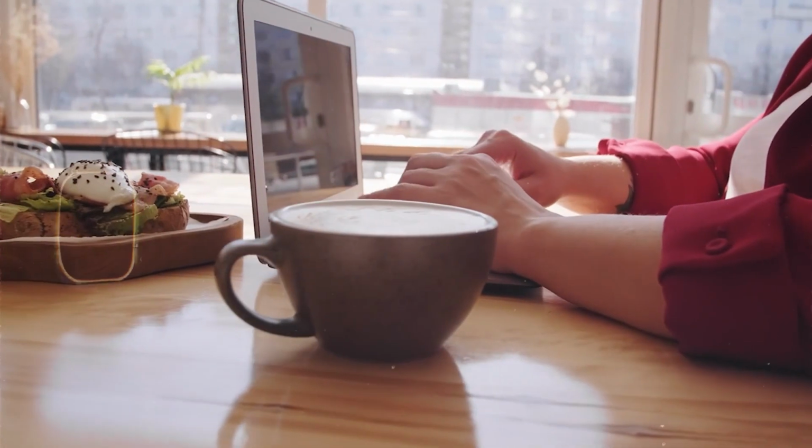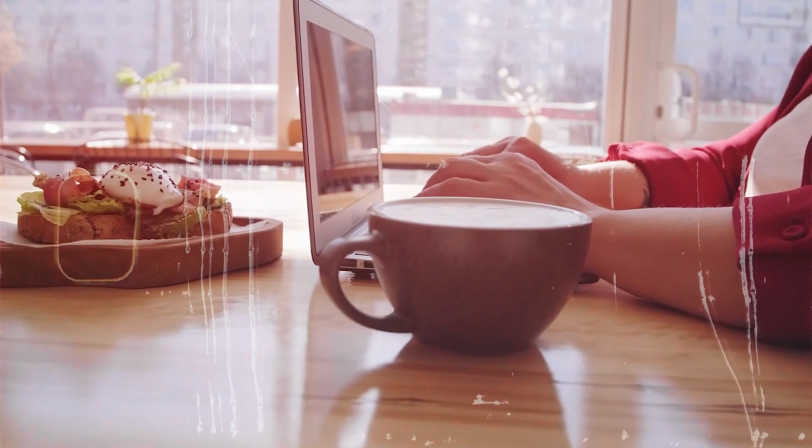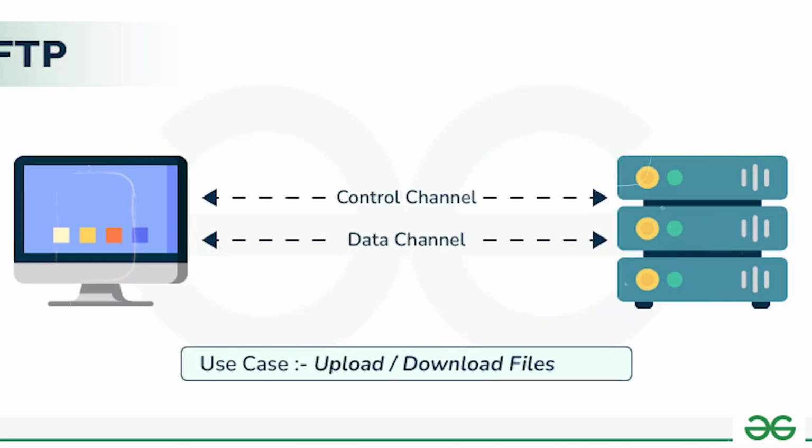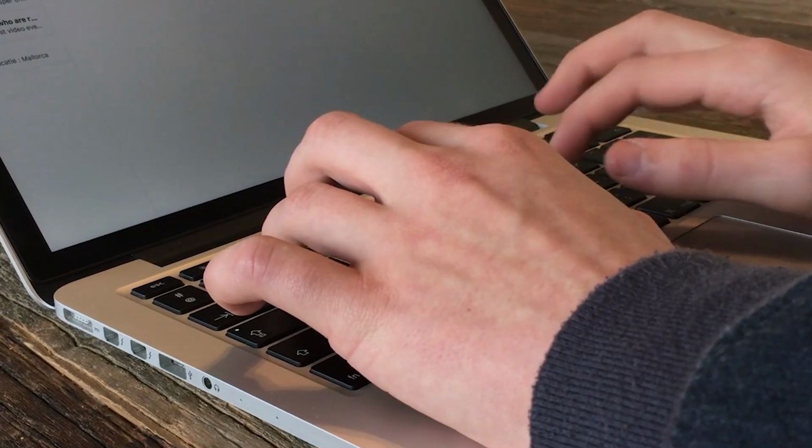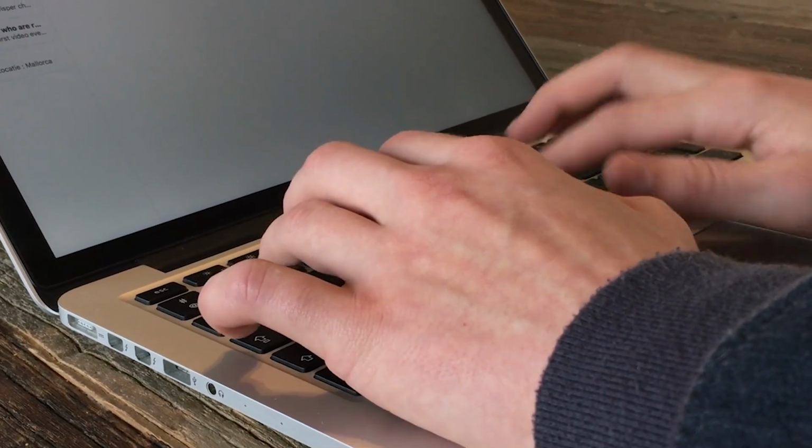Some of these port numbers are specifically defined and always associated with a specific type of service. For example, file transfer protocol, also known as FTP, is always port number 21, and hypertext transfer protocol web traffic is always port 80. These are called well-known ports and go from 0 to 1023.